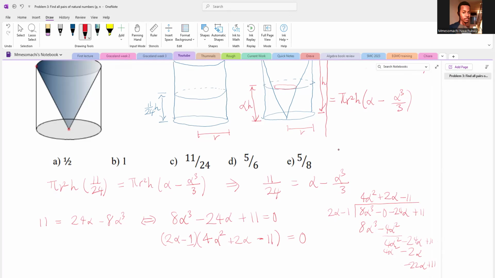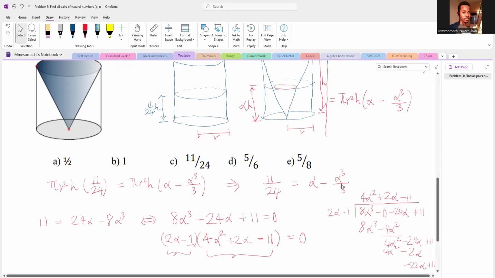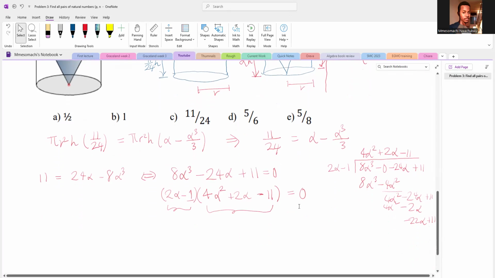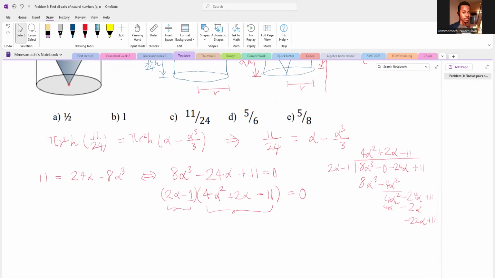And now let's look at what we have here in the bracket. So we either have this or this. What can we say about 4 alpha squared plus 2 alpha minus 11? So if we look at it, we should be able to eliminate one of the possibilities there. Which of the possibilities can we eliminate?